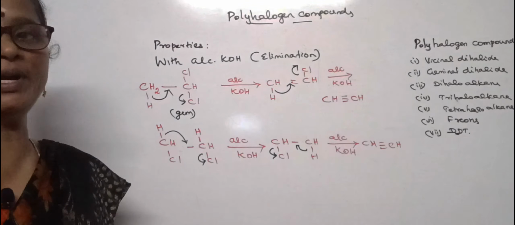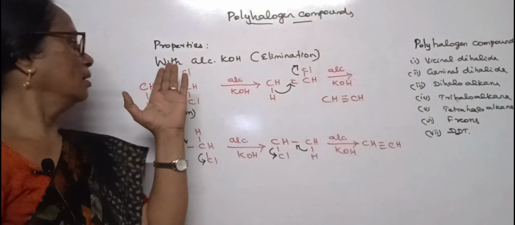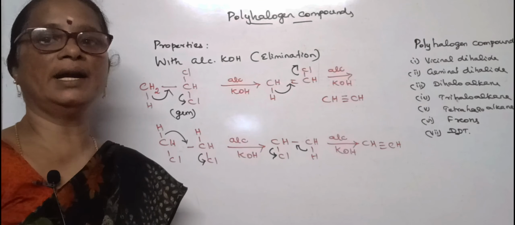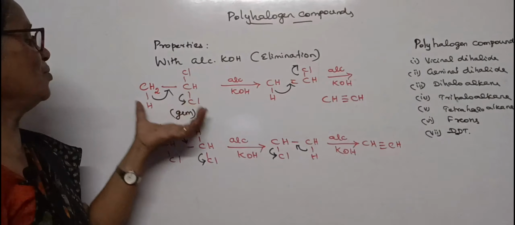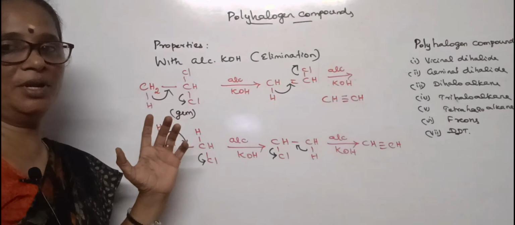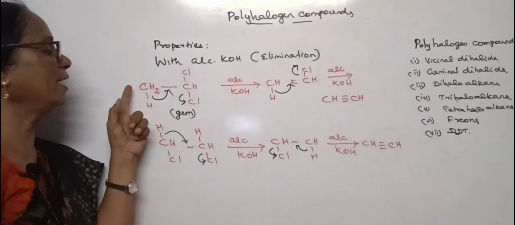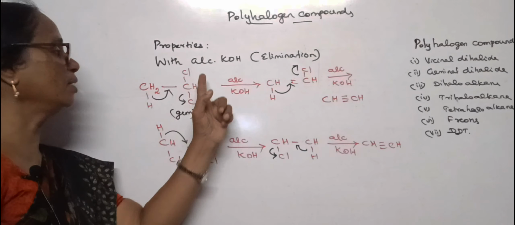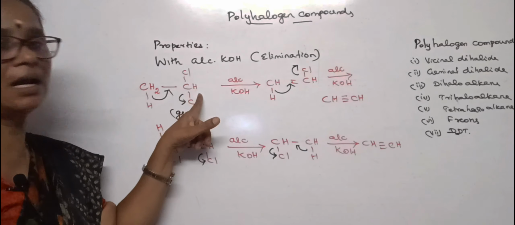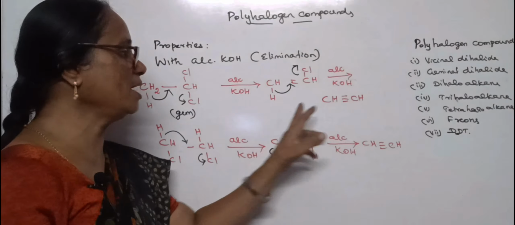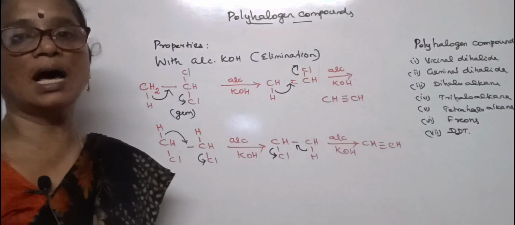Elimination reaction is usually carried out with alcoholic potassium hydroxide. So when geminal dihalide undergoes elimination, 2 of the hydrogens from the methyl group and both the halogens from the other carbon get eliminated, and hence it forms alkyne.